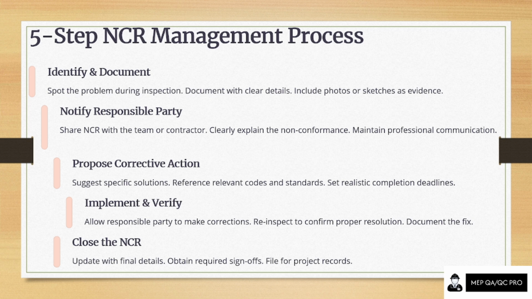After that, you will implement and verify the preventive actions. Then the corrective action will be re-inspected to check that it fully complies with the project specification and the codes and standards. Then you will prepare your documents so that you can close out the NCR.